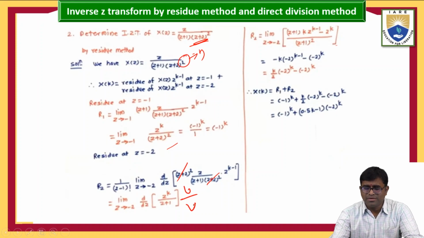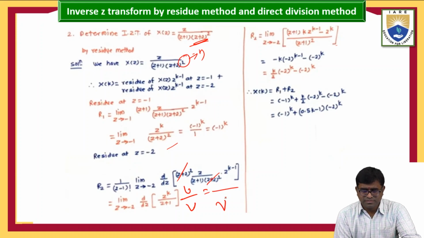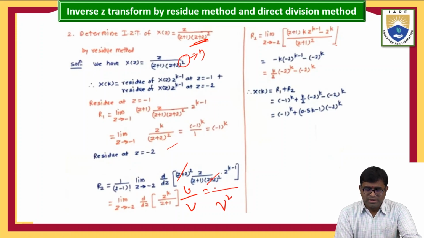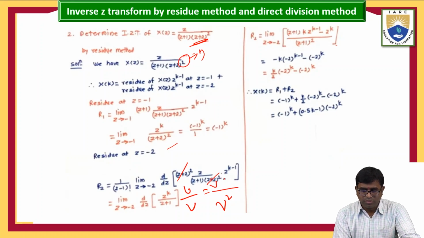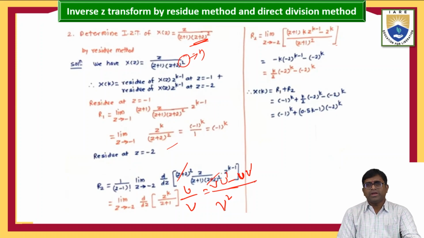So what is the formula for this one? All of you know, v squared into (v u' minus u v'), the u by v method.